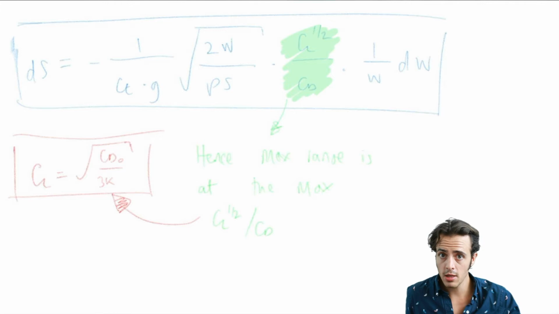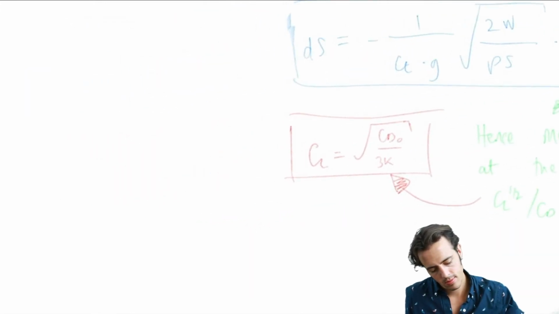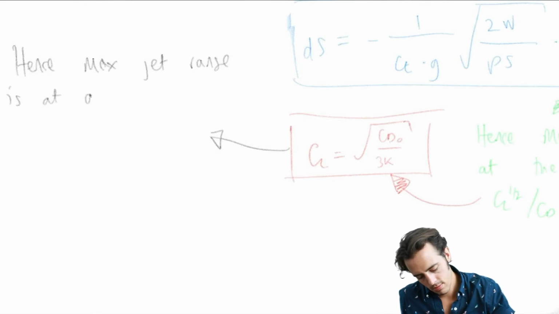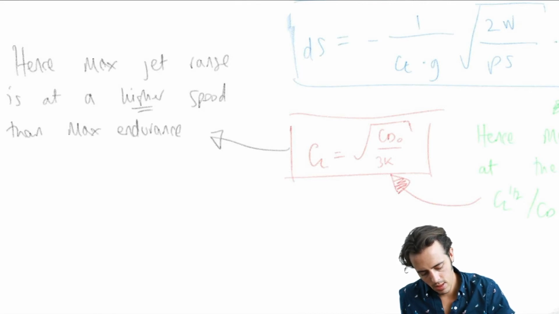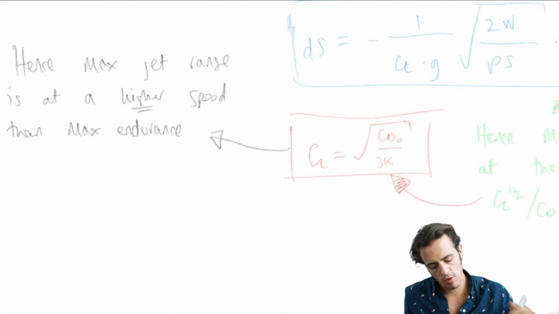So it's a lower CL, which means that it's a higher velocity. So our maximum jet range is at a higher speed than the maximum endurance.